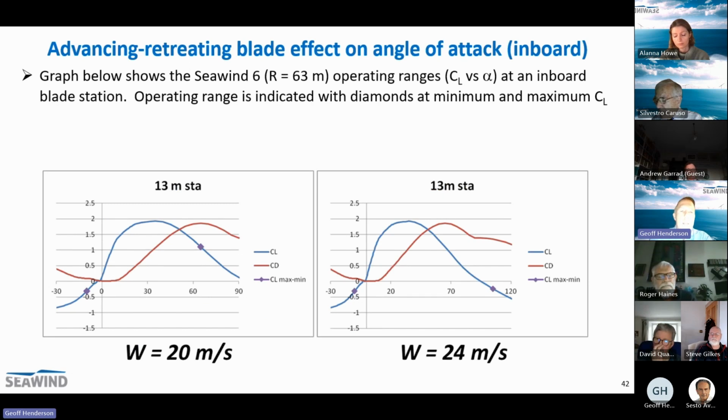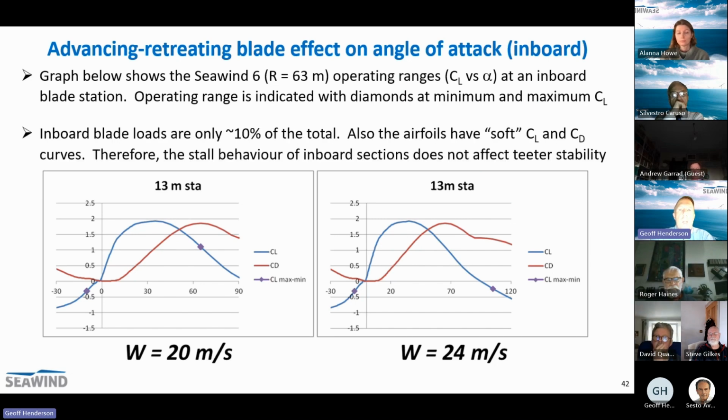The inboard section, and these are the same wind speeds, 20 and 24 meters a second, for the 13-meter station. So that does show going above stall, but this is less than 20% of the radius of the blades, and the aerofoils are actually tailored here to have a soft lift and drag coefficient.